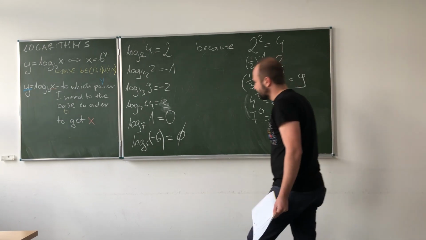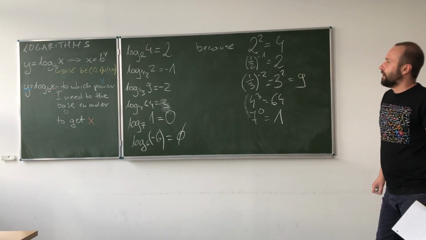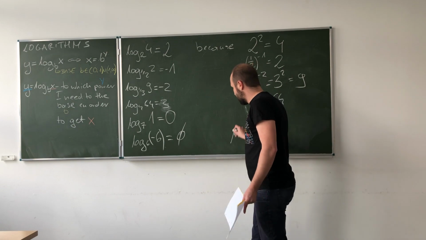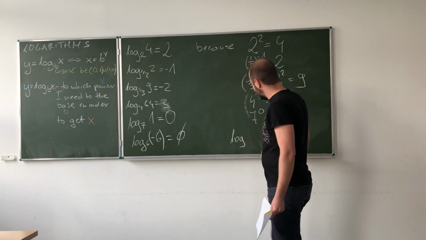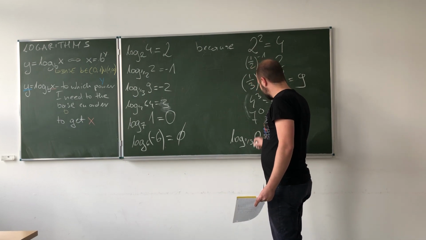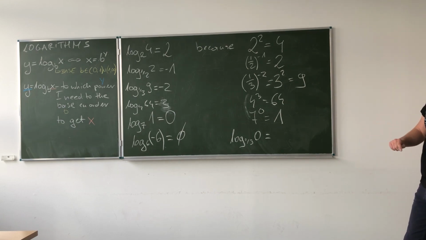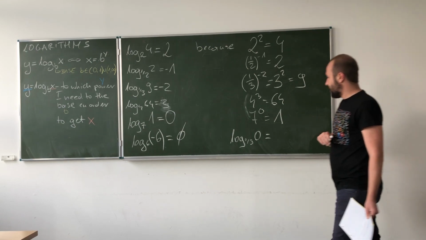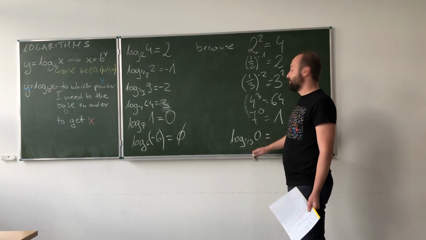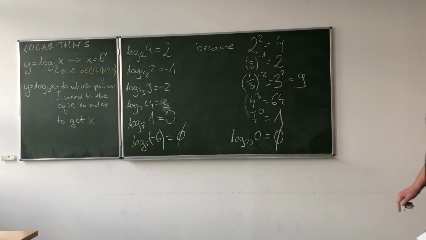So this is a little trap, but we do not have the answer to this case. Okay, then we've got the logarithm with base 2/3 out of 0. And again, what do we see over here? Not a possibility. Can I take 2/3 to some power and get 0? Impossible.